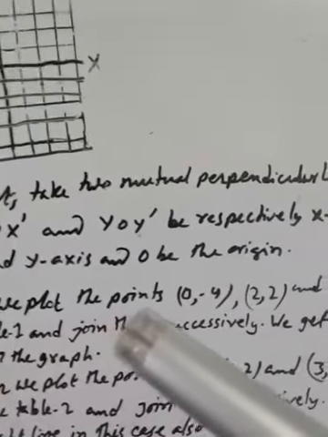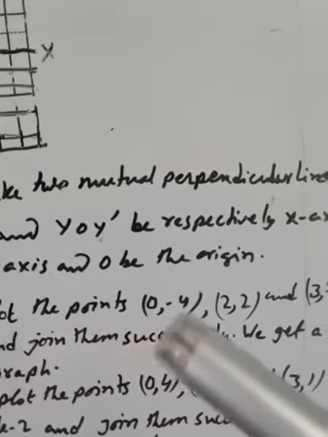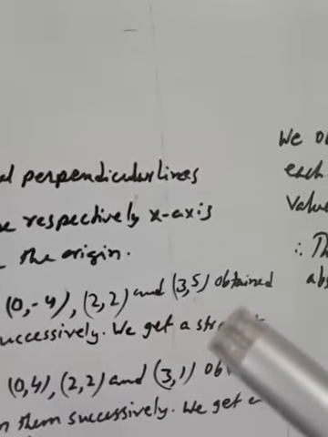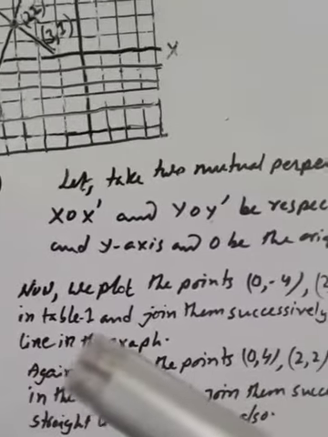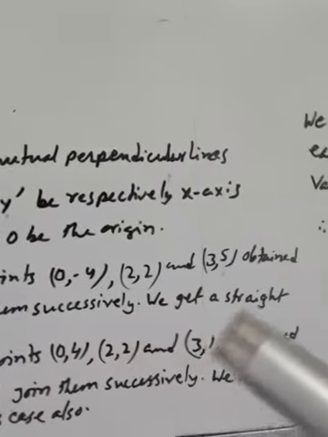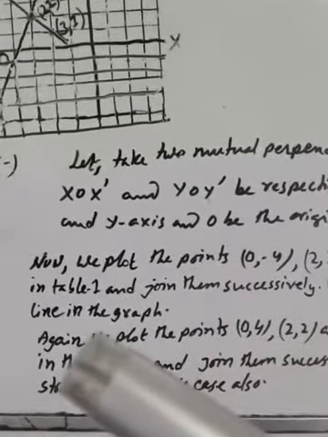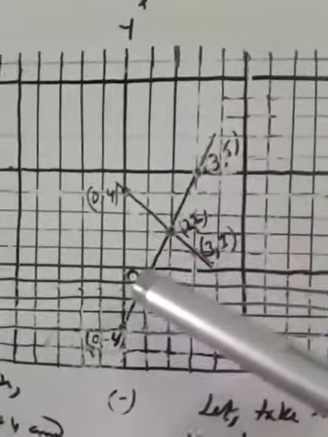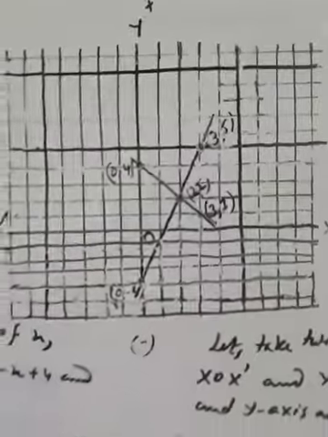Now we plot the points (0, -4), (2, 2) and (3, 5) obtained in table 1 and join them successively. We get a straight line in the graph. This line we described earlier. Now let's go to the second table.